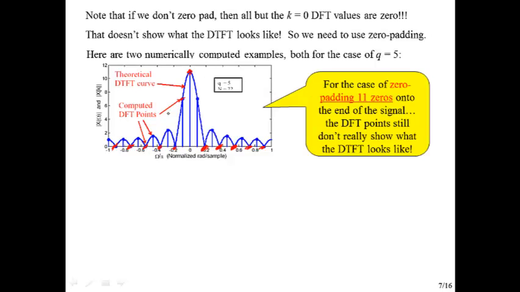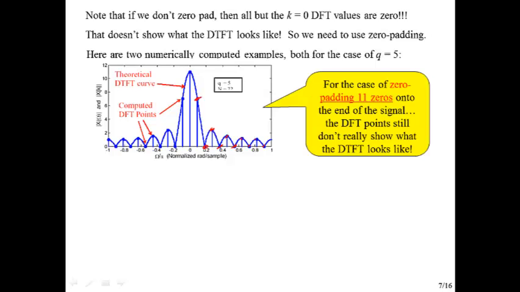If we zero pad by tacking on 11 zeros at the end, now we're starting to see a little bit more structure.